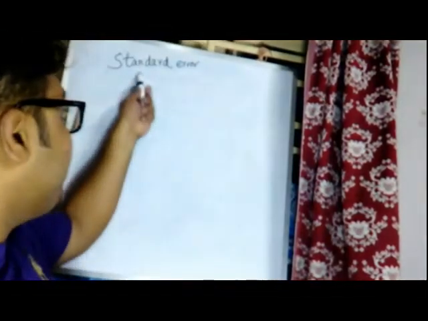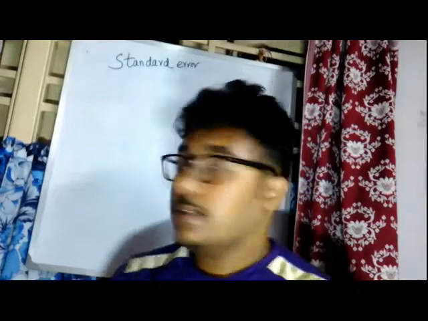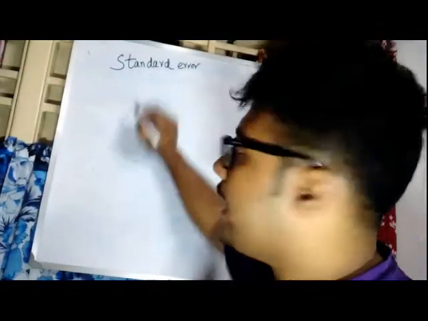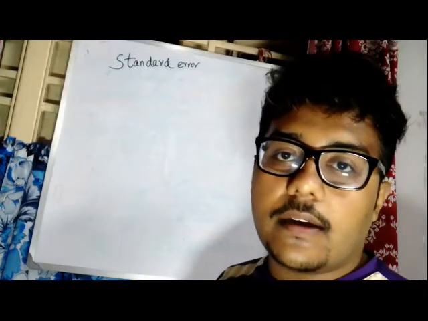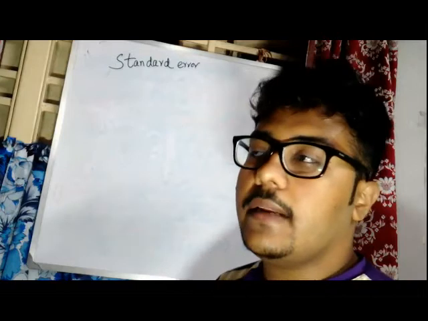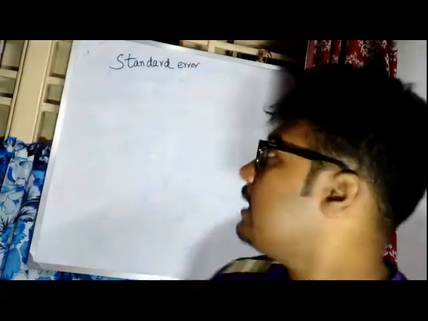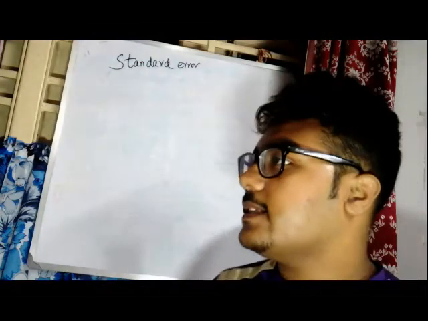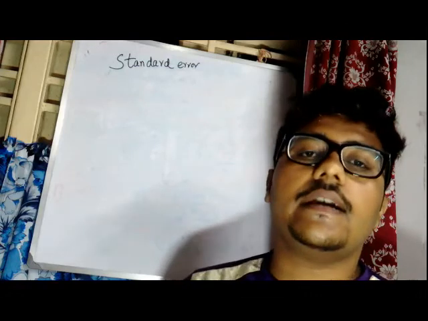Now coming to standard error, what we can understand is that this term is actually related to the statistic. As I have shown you before, the term parameter represents the different properties like the mean, median, mode of the population, while the term statistic represents the same thing, that is the mean, median or mode and skewness etc. of the samples.